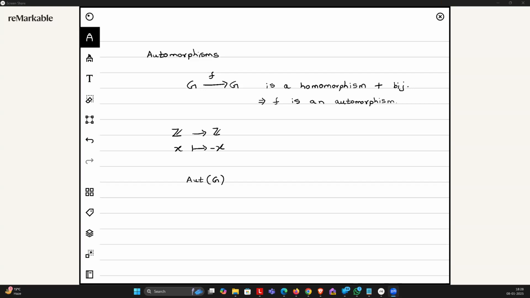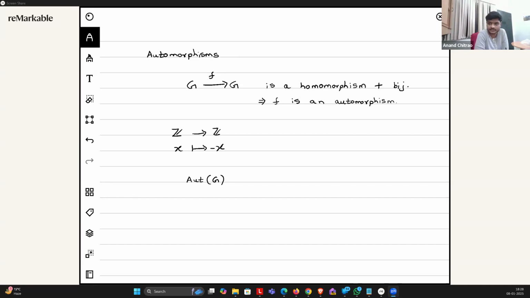So composition of maps is the group operation. One can check that it satisfies all the properties, associativity and whatnot. One cannot expect this to be abelian, it may not be abelian, but it's a group coming out of a different group. So this is a construction starting from a group, showing how to get a different group.